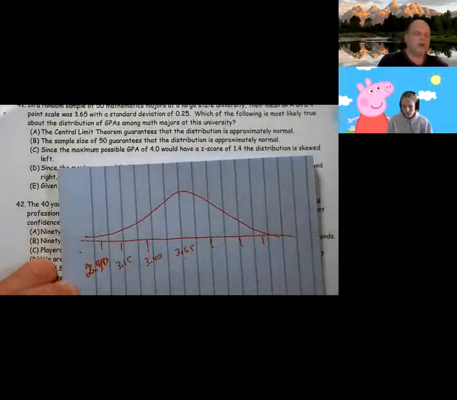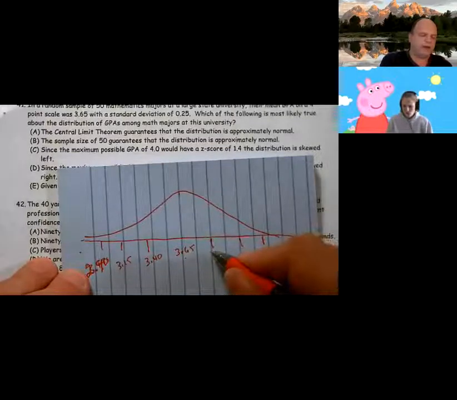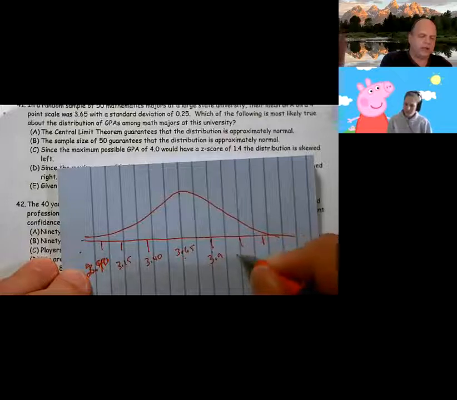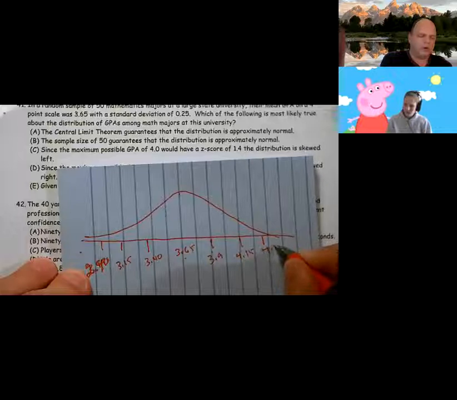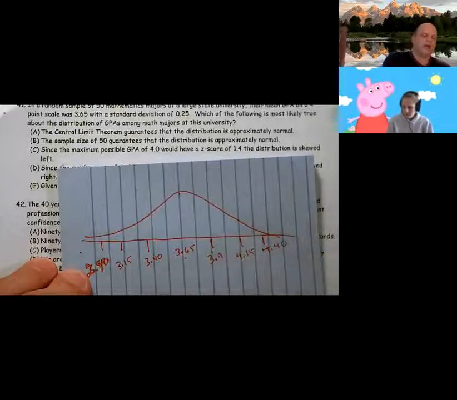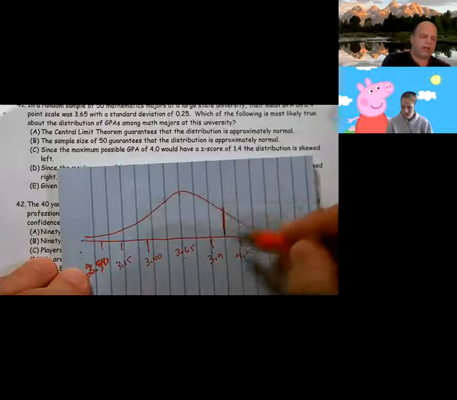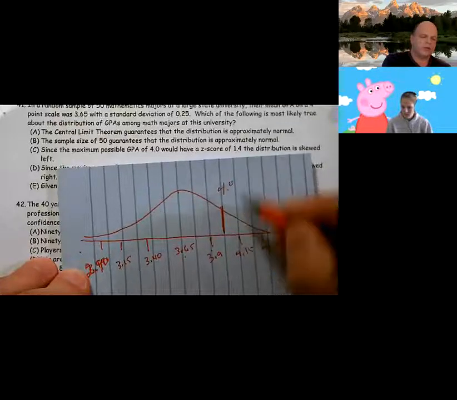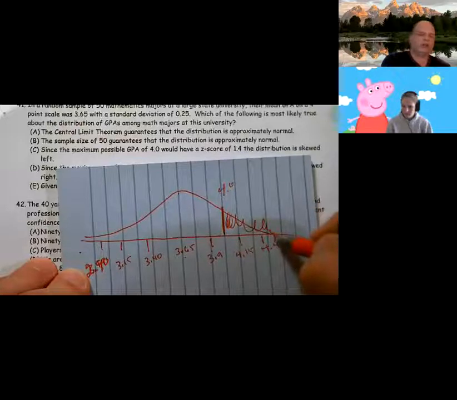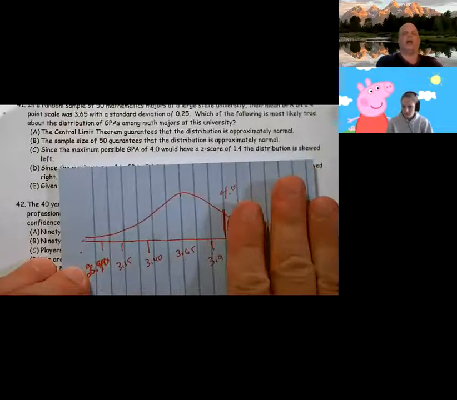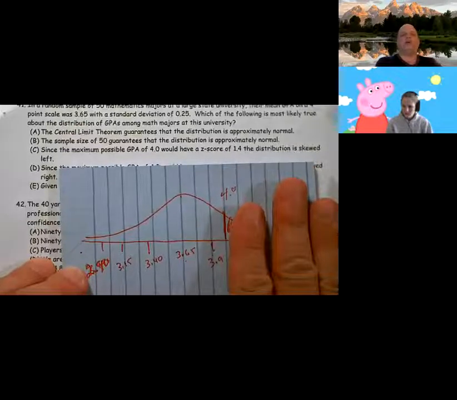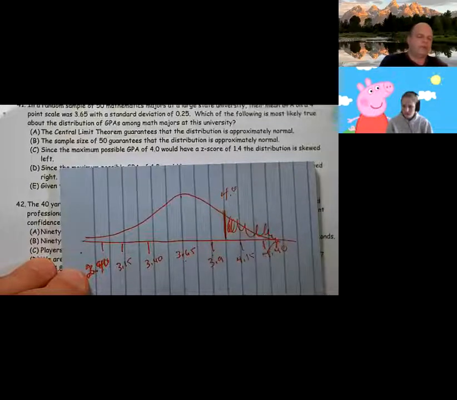Going up, I add 0.25. This becomes 3.9, this becomes 4.15, this becomes 4.40. You can't have higher than a 4.0, so this is going to have to cut off right here at about 4. So this part does not exist because you cannot have a GPA above 4.0.